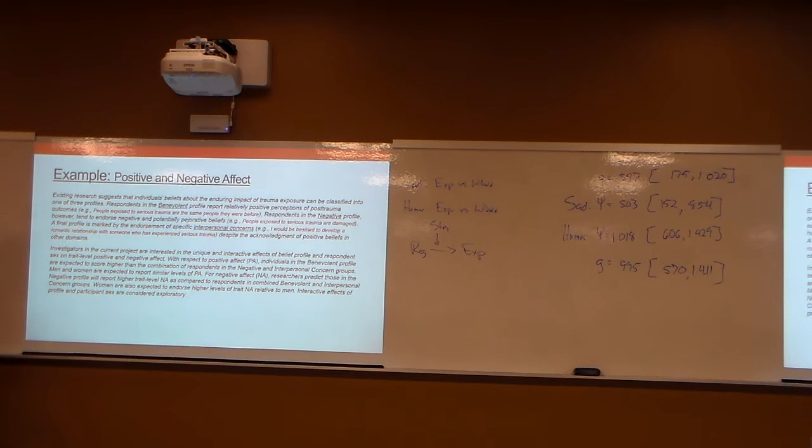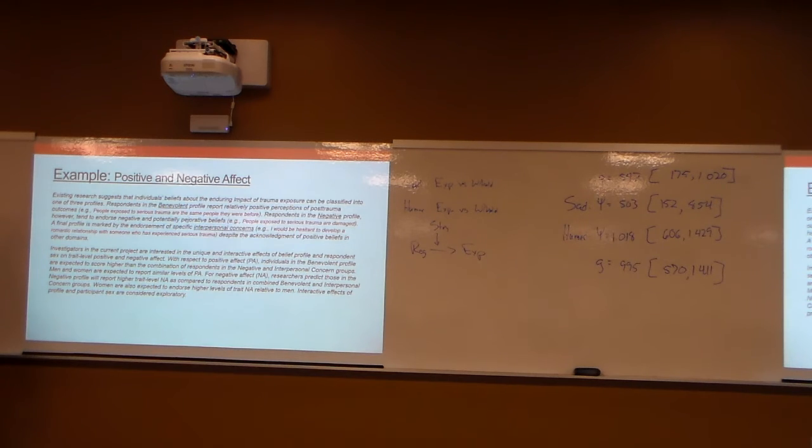People in the negative profile are endorsing negative, potentially pejorative beliefs. People exposed to serious trauma are damaged. They're violent, and so on and so forth. And then we've got a last profile, kind of intermediate, generally sort of positive stuff, but what people are tending to do is endorse specific concerns regarding interpersonal relationships with people exposed to serious trauma. So I would be hesitant to develop a romantic relationship with someone who's experienced similar serious trauma.